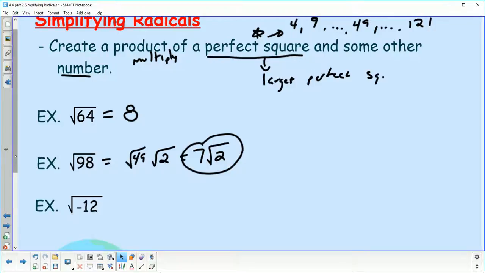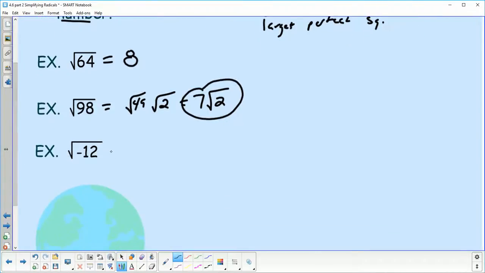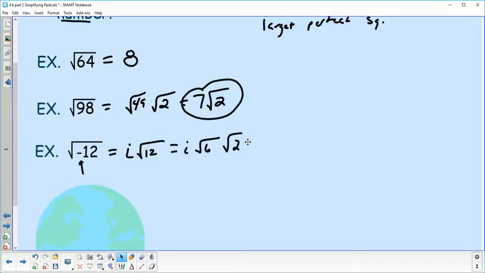Okay, now I added this third example in here to kind of show you how this combines when we talk about imaginary numbers. Now we talked before about complex numbers or imaginary numbers. That means the same thing. The negative sign here we're going to pull out as an i, because remember that's the square root of negative 1. So it's kind of like we have i times the square root of 12. And now we can simplify that. So we could say i, and then I know factors of 12 were like 6 and 2, but the problem there is neither one of those is a perfect square, so those are not the values I want to use.